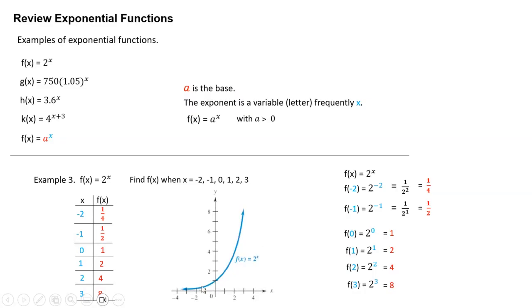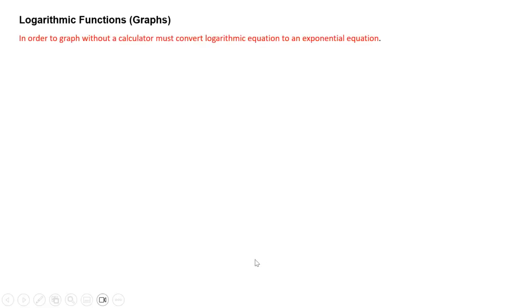This is like the normal graph of an exponential function. It always starts low and it goes high as the x gets bigger, it goes higher and higher and higher. Now let's graph the logarithmic function. Before we graph it, we have to convert it to an exponential function. So remember it'll be a to the y equals x. So this will give us 2 to the y power equals x.